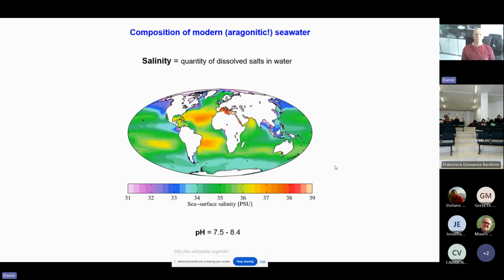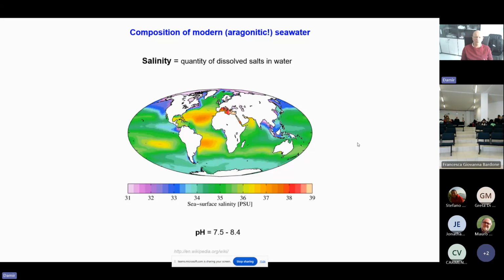I'm sure that you know much about the composition of modern seawater, and seawater is characterized mostly by salinity, which is defined as the quantity of dissolved salt in water. On this map, you can see, and we already said, that it is more or less constant, but of course it depends on the position and temperature of the seawater.